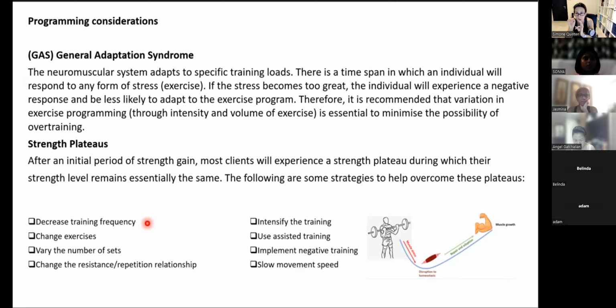Okay. Because a lot of people think, but why would I decrease the training frequency if I have a strength plateau? Don't I need to give him even more exercise and more often so that he gets more? No, you don't want to do that because you need this recovery. Maybe he doesn't have enough recovery in between.